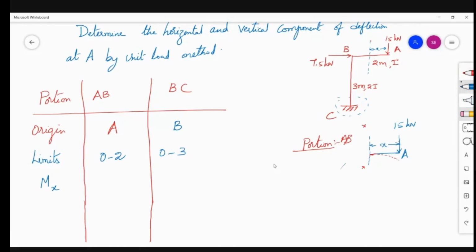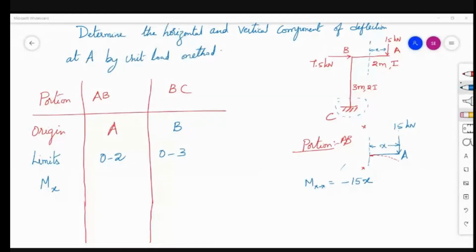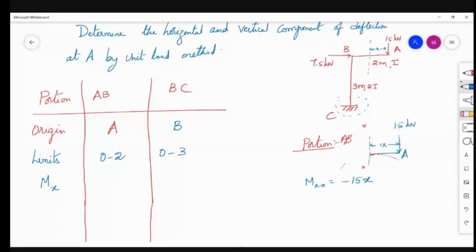So at the section XX, the moment will be 15 into x, with a minus sign: minus 15 into x.